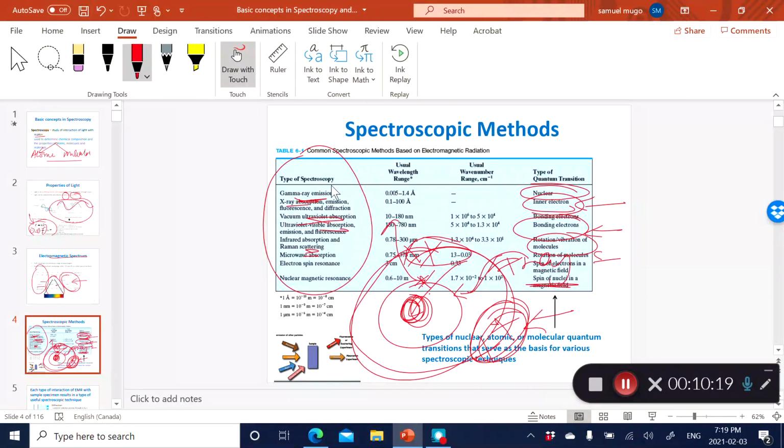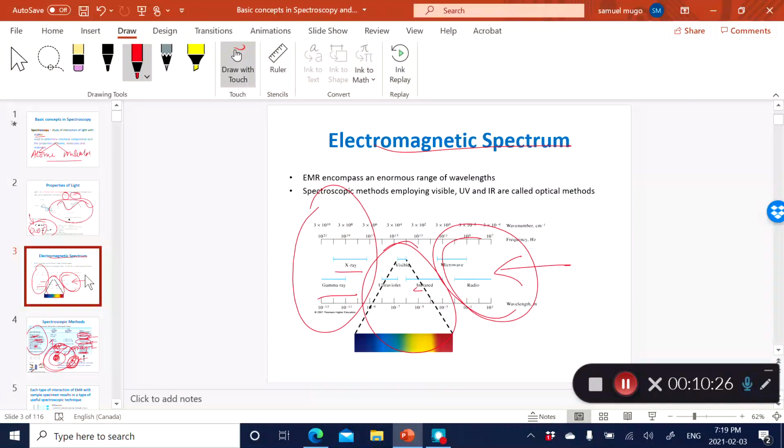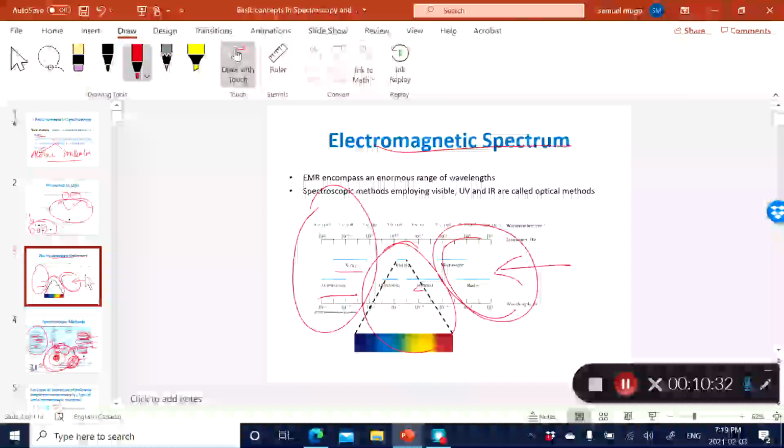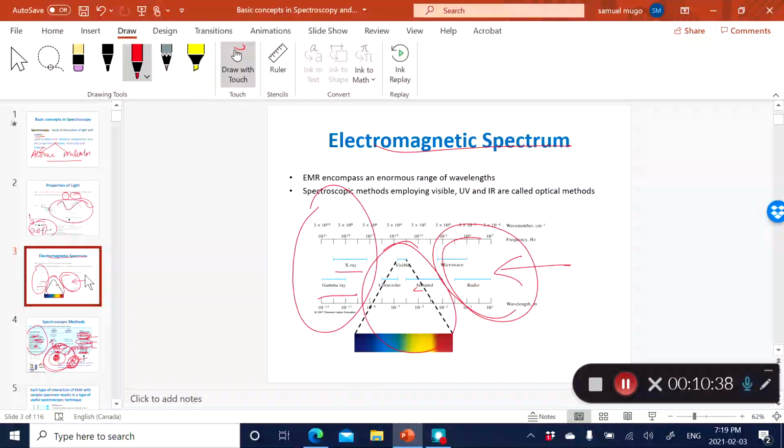I think what I'm trying to summarize is all the different types of spectroscopies are totally dependent on which type of energy of the electromagnetic radiation impinges on the molecule or atom, and as such that determines what types of electrons are undergoing transition or perturbation.